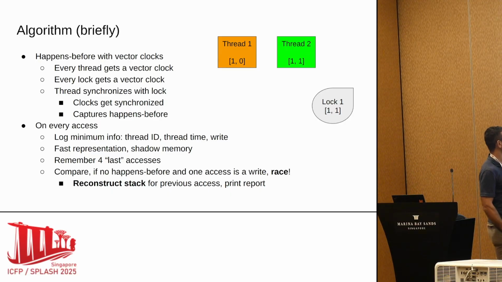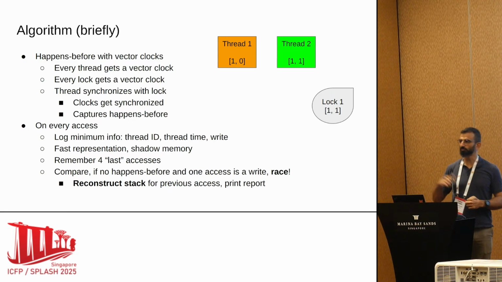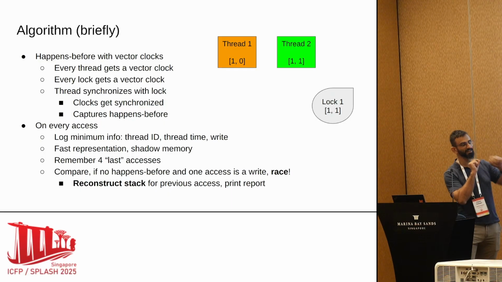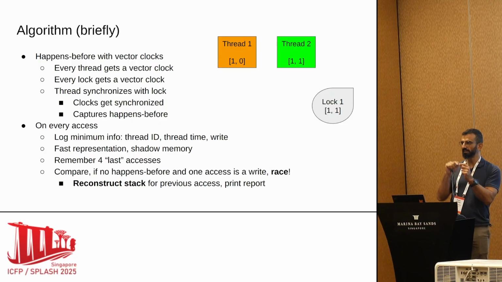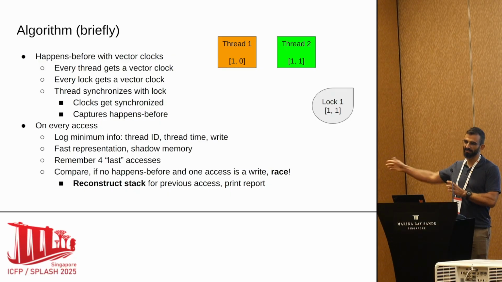And the other thing we do that's different is every time we log an access, we have a specific mechanism to also capture the minimal information, so that you're fast, that you require to rebuild the stack trace for that access, because you might discover that this access is involved in a race 2 seconds later, and that stack is going to be gone.